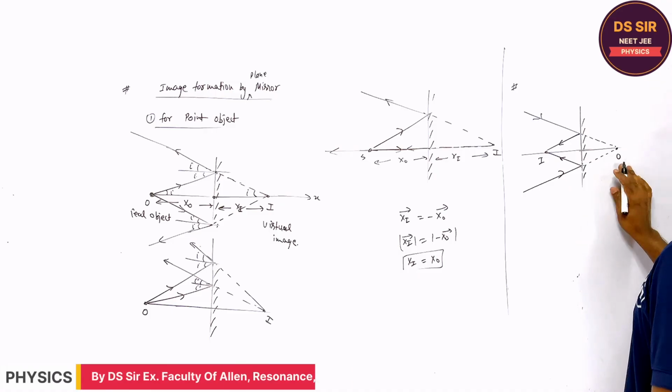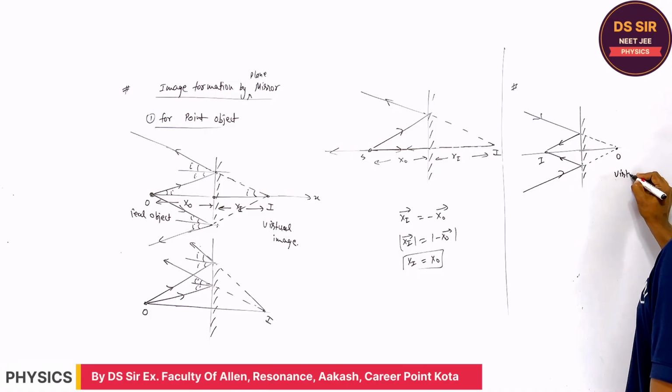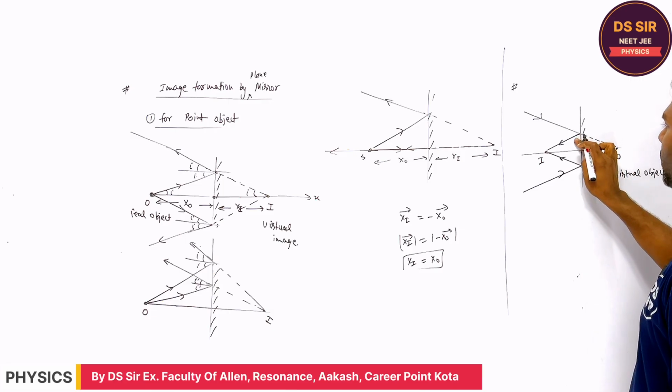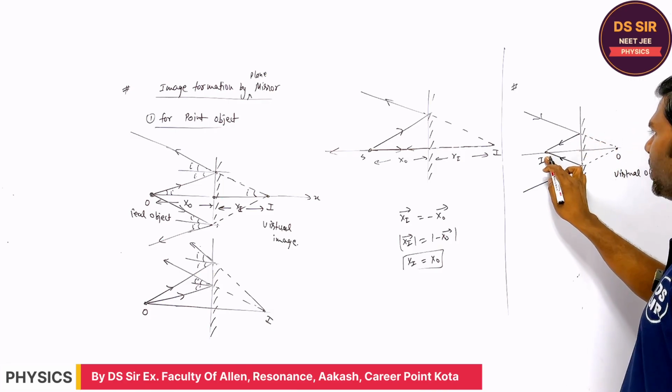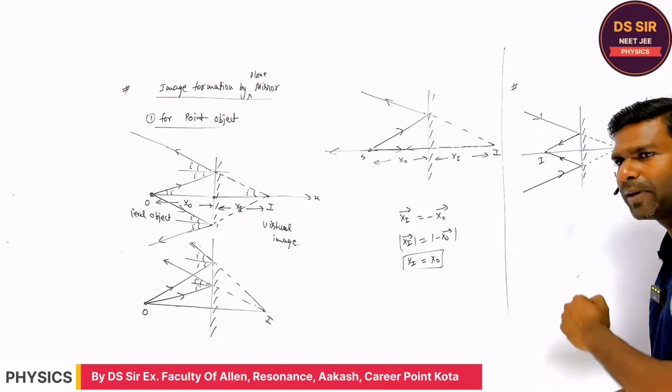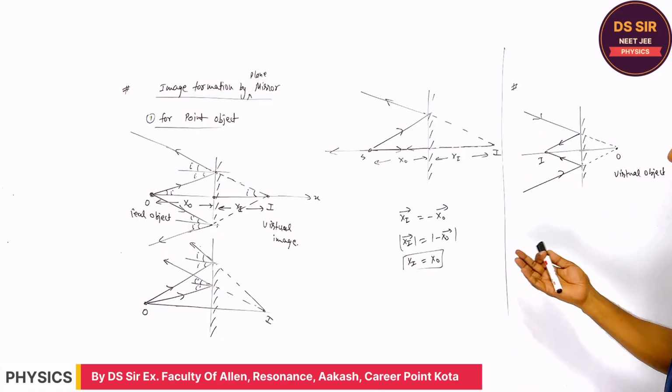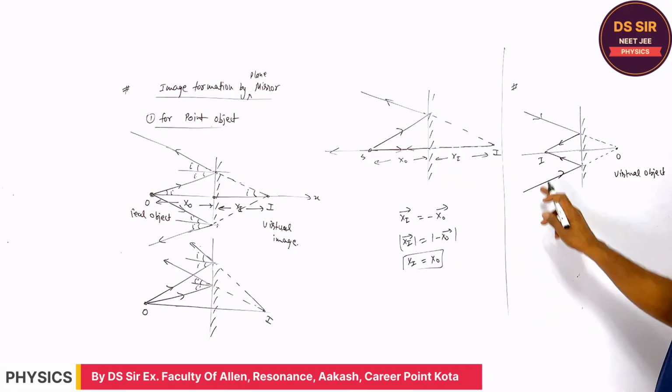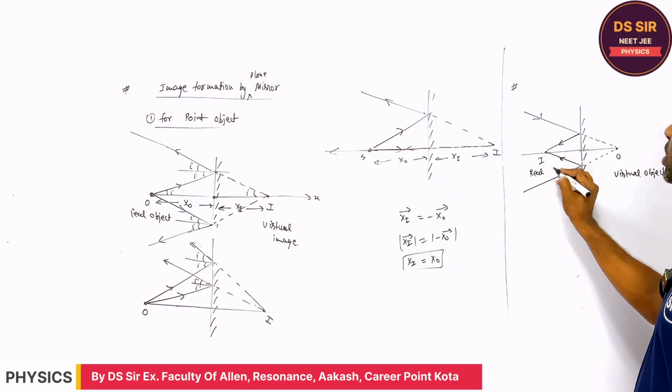So this is called the virtual object. After reflection from the mirror, the light rays are meeting at this point, and this point in front of the mirror can be touched by your hand, or this image can be obtained on the screen. Therefore this is called the real image, right?